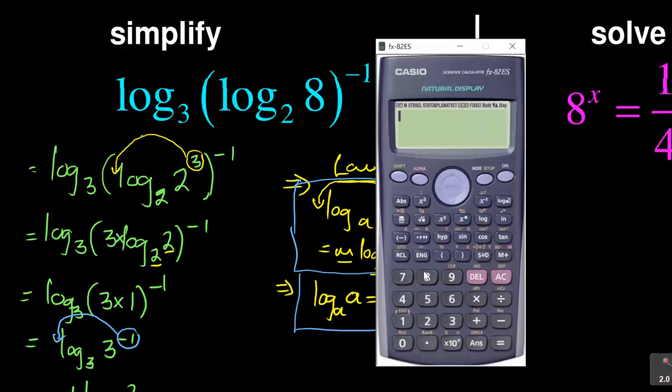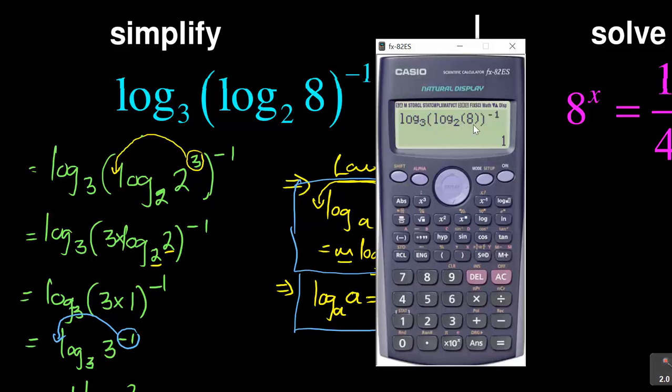I need log in base 3, and then I've got a bracket. The calculator opens a bracket, so I have to have another log, which is base 2, also in bracket, put an 8, and then outside the bracket there is a power -1. Am I right? That is what I'm given there. If I say equal to, you will see that it's giving me an answer. Actually, the answer that it is giving me here is a positive 1.